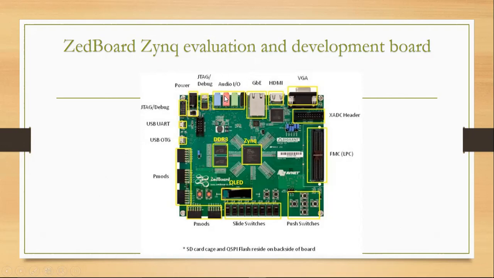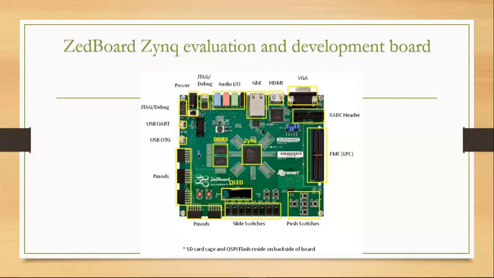We can give input to this FPGA using a mic, and we can take the output from the FPGA and connect it to a speaker. Like this, video adapters are also available. Here we have an HDMI port and a VGA port. These two ports can be used to connect video to the FPGA.